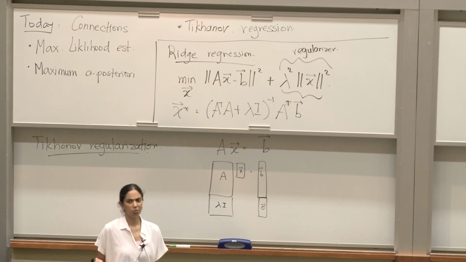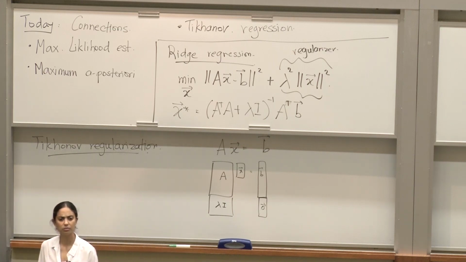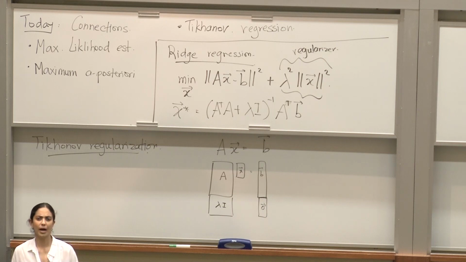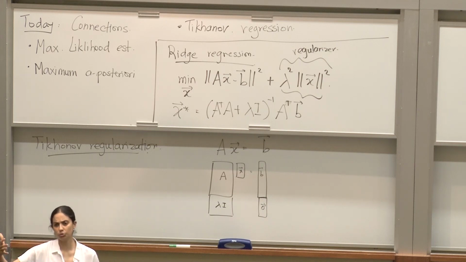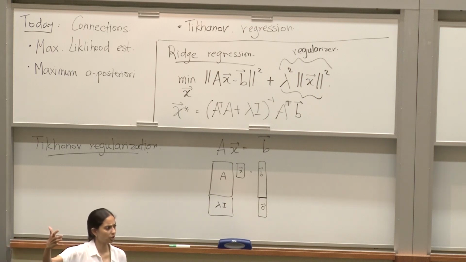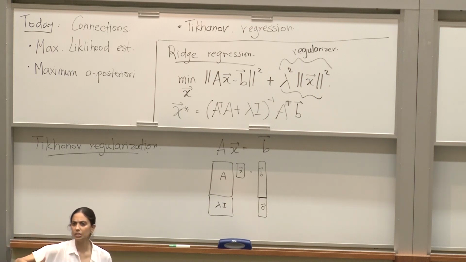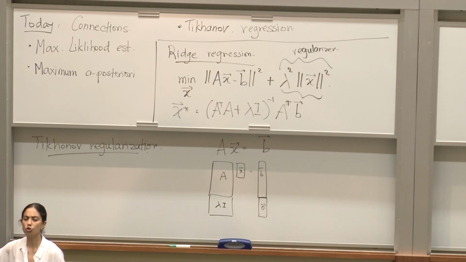But what's so special about 0? What if I had side information that said you were doing these measurements, but a bias term accidentally got added, and instead of being close to 0, you're close to some other vector, maybe x naught? Could we incorporate that into this formulation?